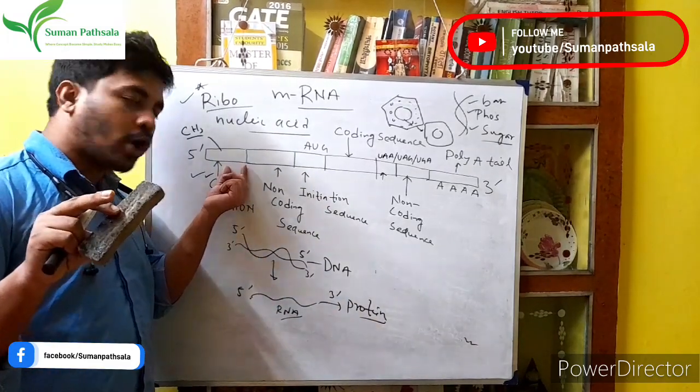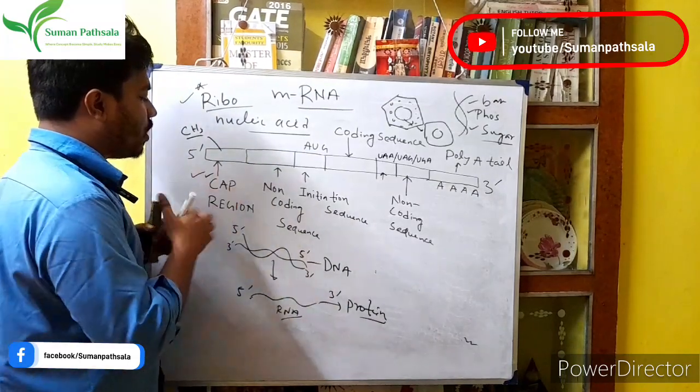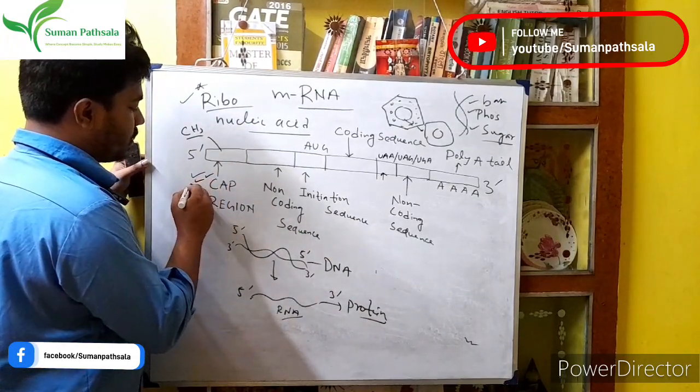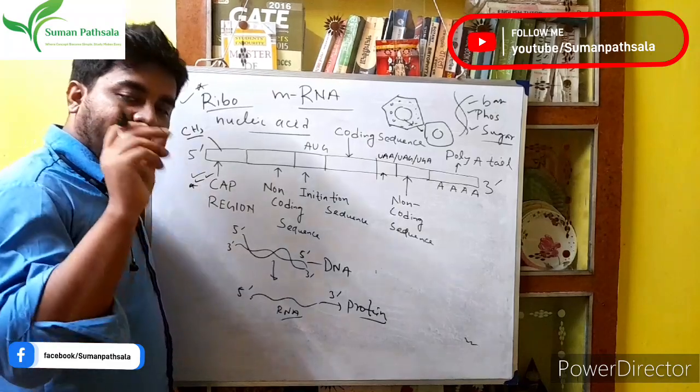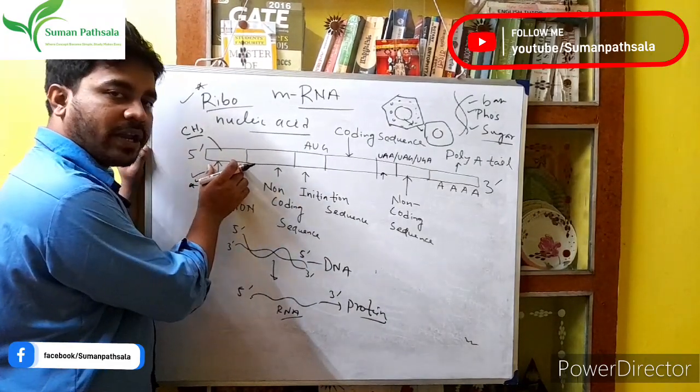That means it blocks other sequences from joining here. So that's why it is called the cap region. Clear? The cap region is present at the head of the mRNA.